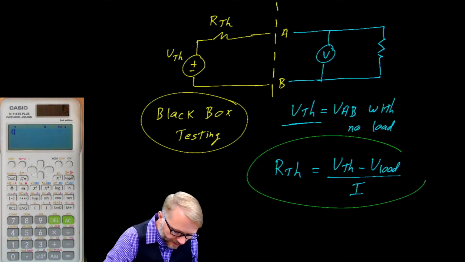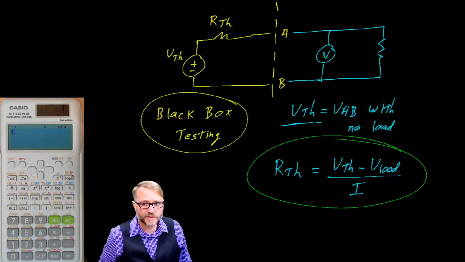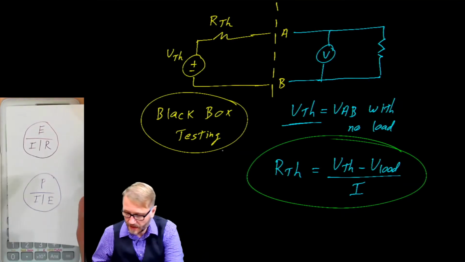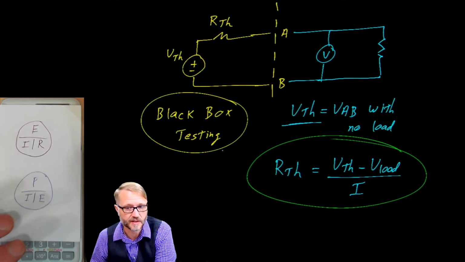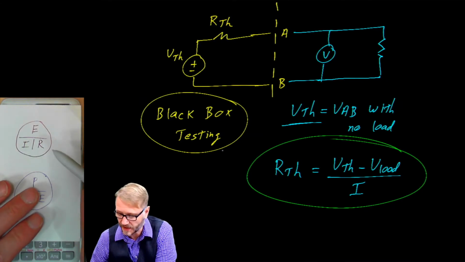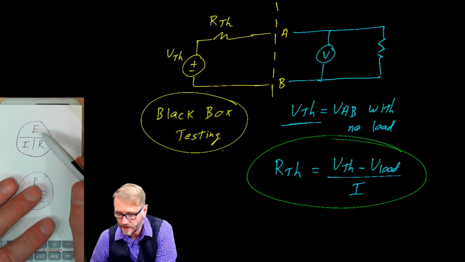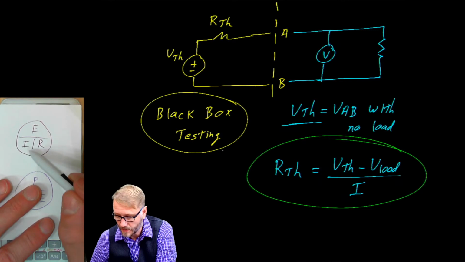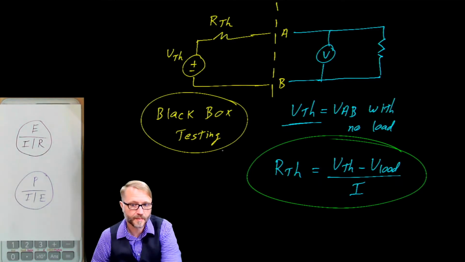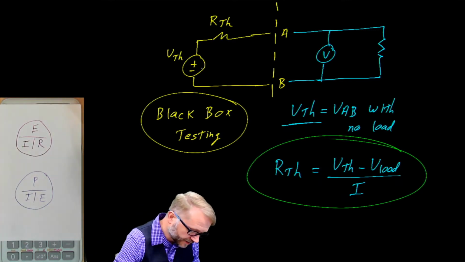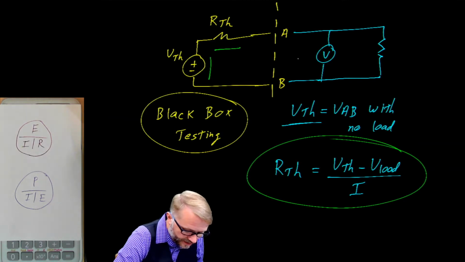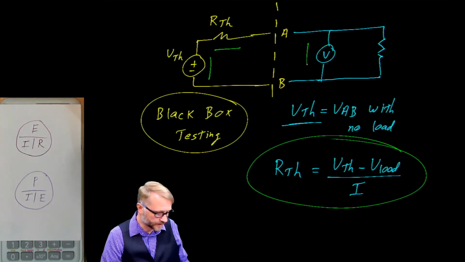You could argue that this is just Kirchhoff's voltage law in disguise. If you were to take the current from downstairs and push it to the other side, you would see that's a voltage because it becomes R Thevenin multiplied by the current. So we have the voltage here, the voltage here, and the voltage here.